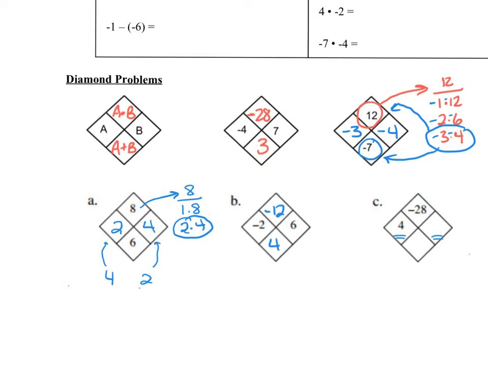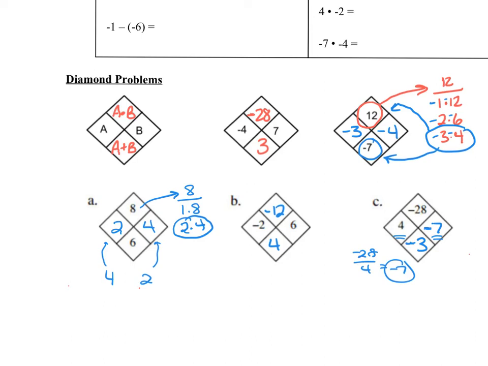So to find the number I'm missing, all I'd have to do is divide the top number by the side number, and that's -7. So I can put the -7 here. And you could just double check quickly. 4 times -7 is -28, so that is correct. And then I would add those two numbers together to get the bottom. 4 plus negative 7 would be negative 3.